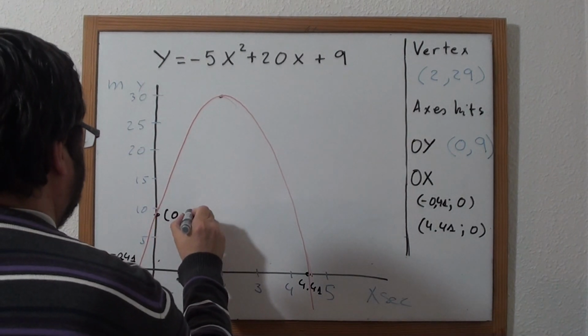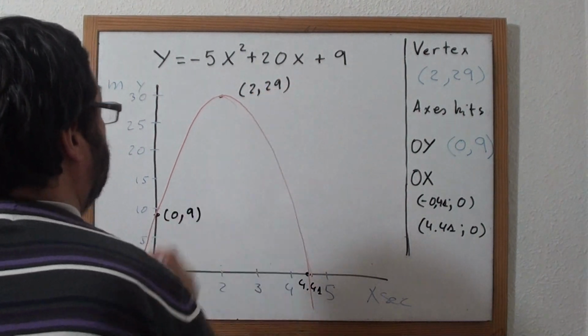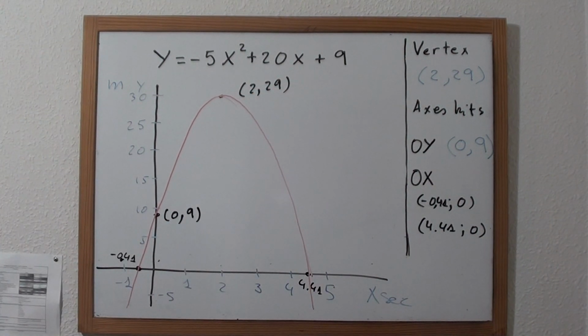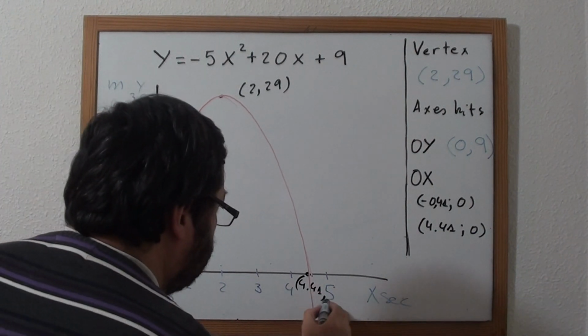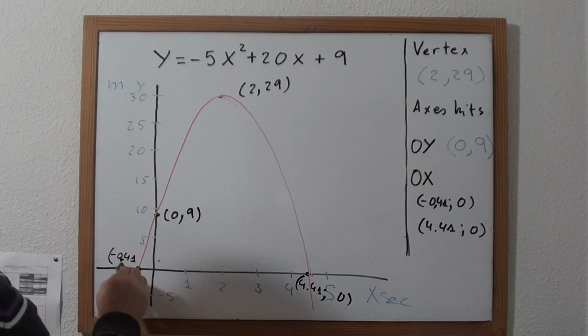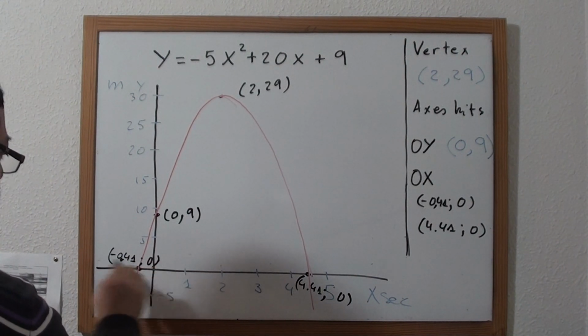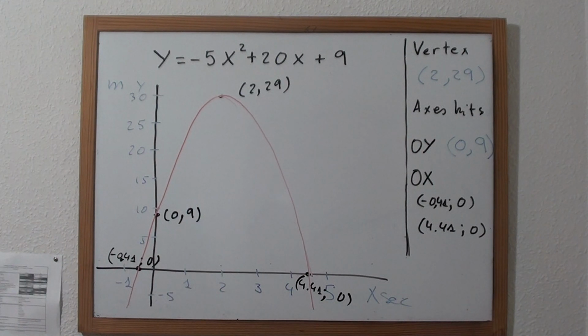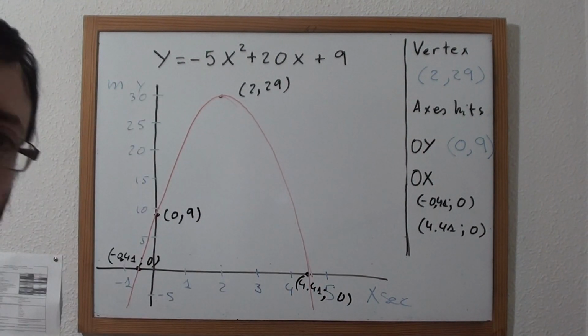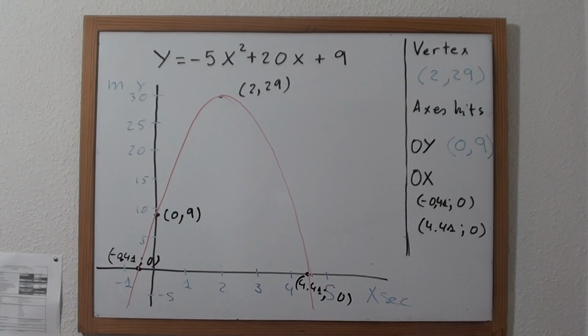This is 0, 9, and this is 2, 29. And if you want to put the other coordinates, this is 4.41, 0 and -0.41, 0 as well. Okay, so this is the graph, and now we are going to answer some questions about this specific case.